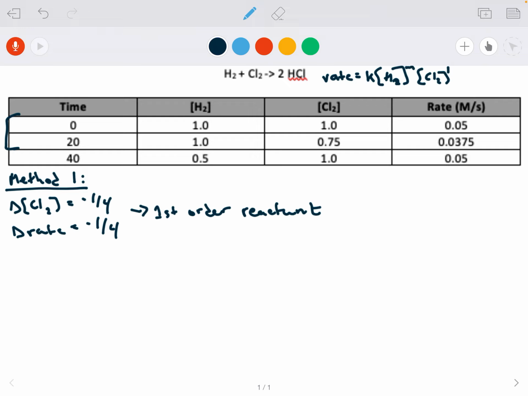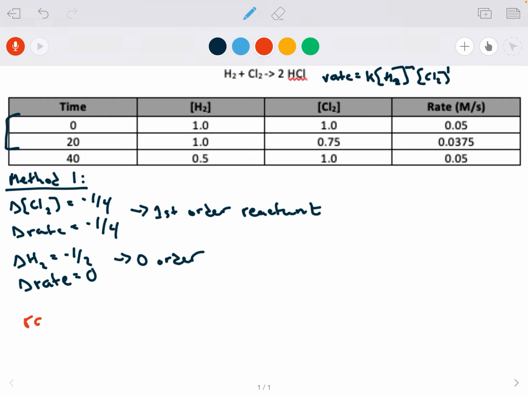So when hydrogen changes by 1/2, the rate doesn't change at all. So the change in hydrogen is equal to minus 1/2. The change in rate is 0. That makes hydrogen 0 order.